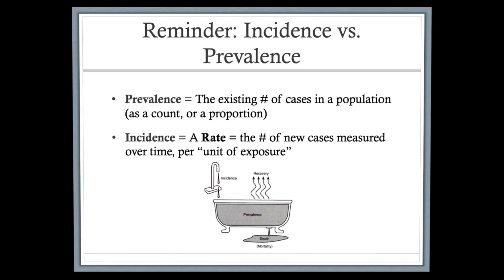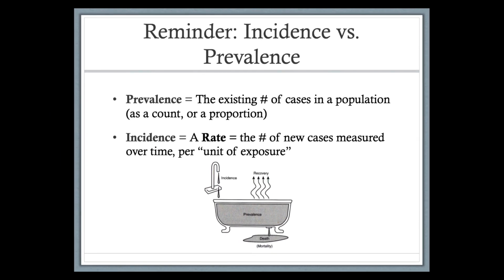Okay, so just a quick reminder of the idea of incidence versus prevalence. So this is a concept you would have learned about in EPI. Prevalence is looking at how many cases of the disease are there in the population at a particular point in time. The incidence is the rate at which new cases of the disease are happening. Kind of the classic diagram for this is if you think of a bathtub filling up with water.